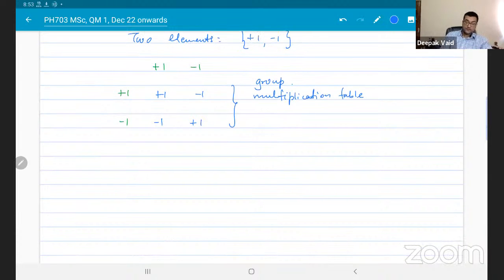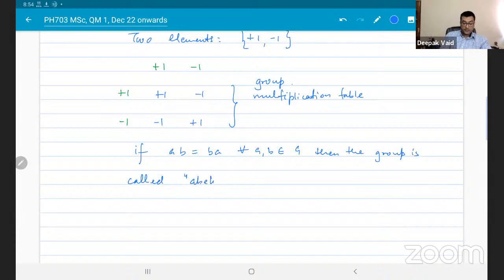And if AB is equal to BA for all A, B belonging to G, then the group is called abelian. Otherwise, non-abelian.